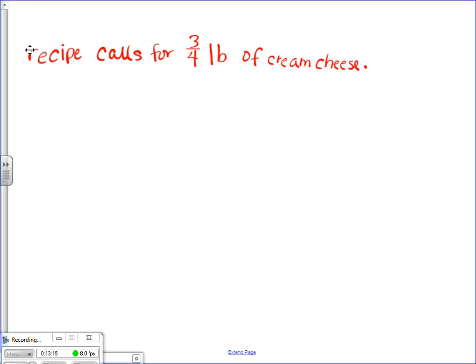But when you go to the grocery store, the cream cheese you put on a bagel or use to make cheesecake doesn't say 3/4 of a pound. The container normally comes in 8 ounce, but it says, at the store, 12 ounce or 16. So this is what it says in the grocery store.